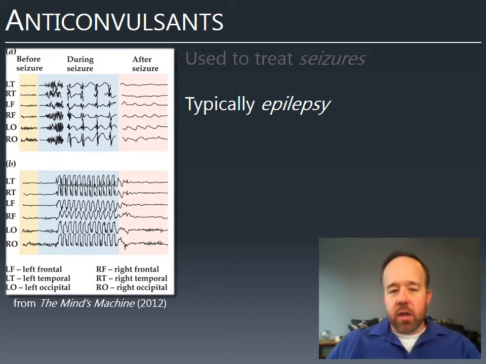So normally your brain is firing all the time, but here we have a really large increase in the amount of activity and also the degree of synchronization in the brain. And usually these seizures start at a particular locus in the brain. It varies from person to person, but for a given person that's epileptic, they usually start in a characteristic spot.